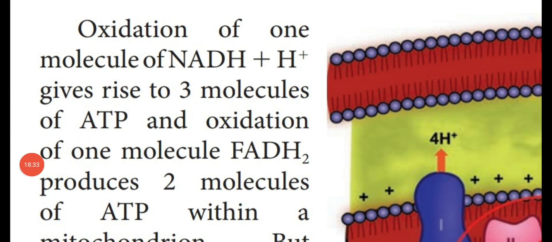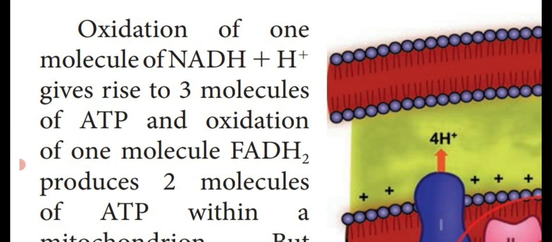Dear students, during the electron transport chain, that is the oxidation process, how many ATP molecules are produced by the oxidation of NADH2 and FADH2? One molecule of NADH2 gives rise to 3 molecules of ATP.